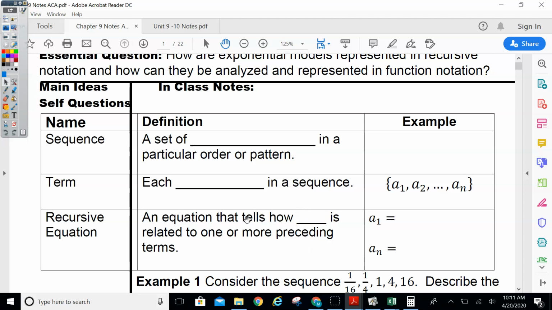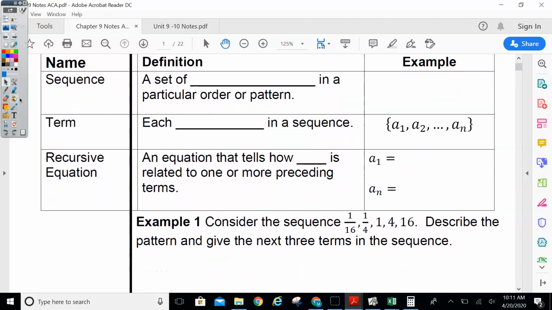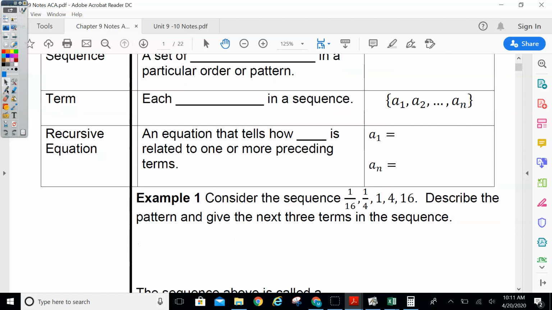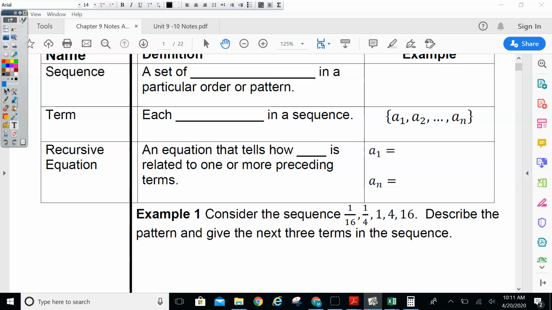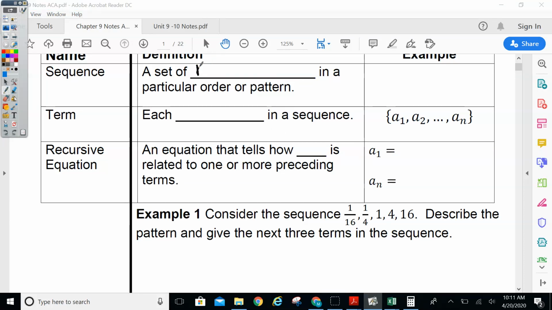Okay, so what is a sequence? A sequence is a set of numbers that have some kind of pattern within them.